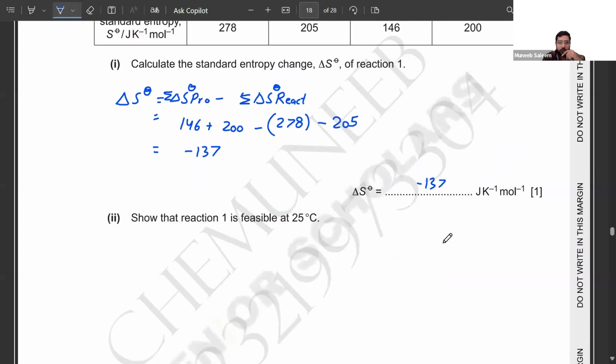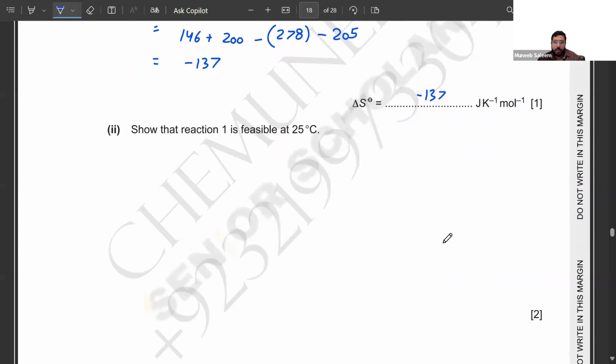Now the next part: show that reaction 1 is feasible at 25 degrees centigrade. Feasibility means we have to check the spontaneity of the reaction, which is related to the Gibbs free energy represented by delta G. We are supposed to calculate delta G, which must have a negative sign. So the answer should come out with delta G negative.